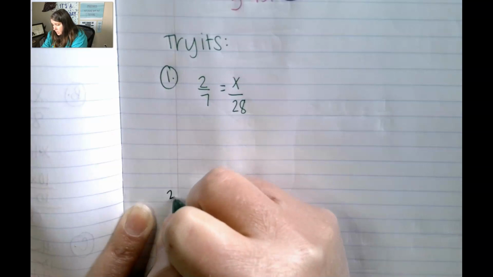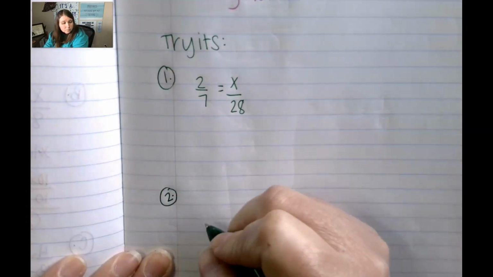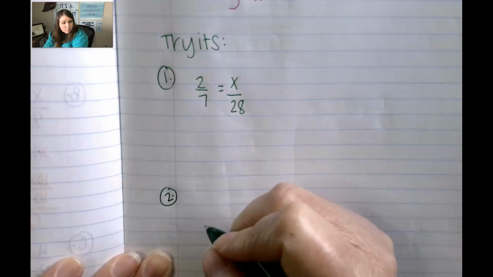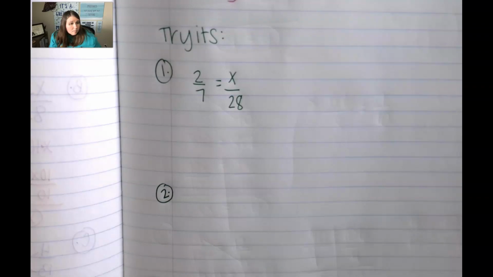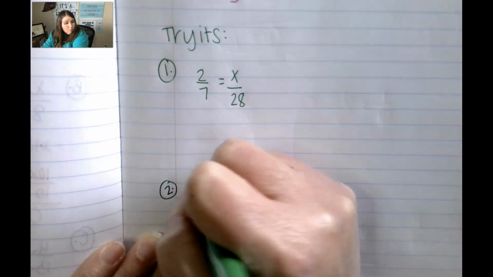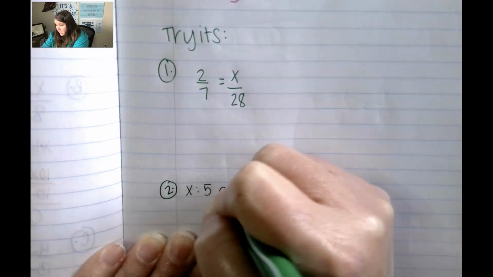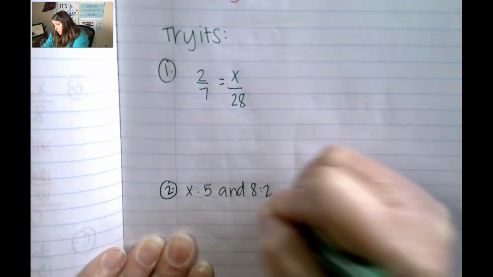And then try it number 2 says x over 5 and 8 to 2.